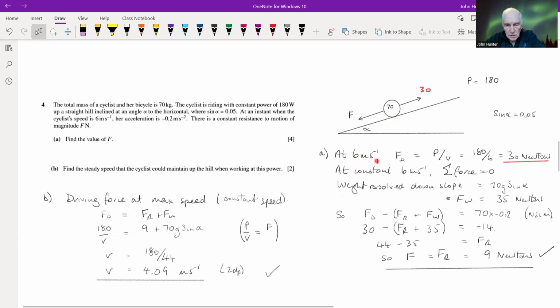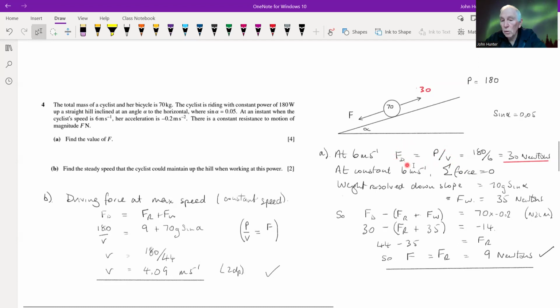So at 6 meters per second, this is the equation that we're interested in. We're very often interested in thinking of power in terms of force, something like driving force, and the velocity. We've seen earlier in the paper that power equals work divided by time, but we can restate that like this, and to be honest this turns out to be more useful.